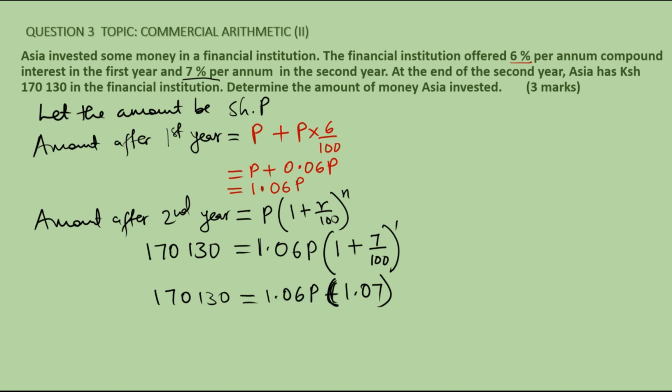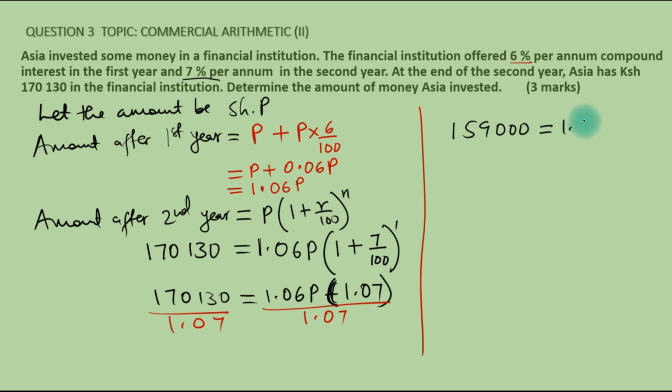So, next step, we are going to divide through by 1.07. So we should end up getting 170,130 divided by 1.07, that will be 159,000, which will be equal to 1.06 P. Again, we divide both sides by 1.06.